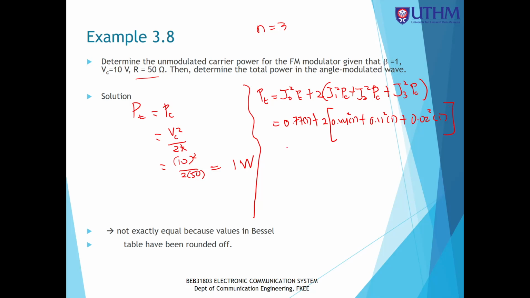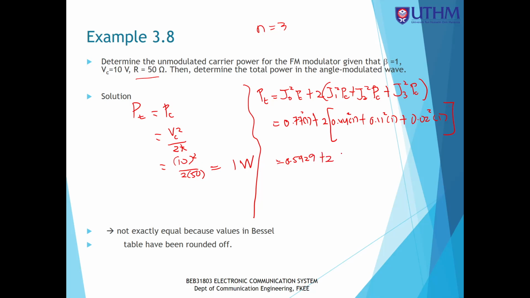If you use your calculator, 0.77 square, you get 0.5929.